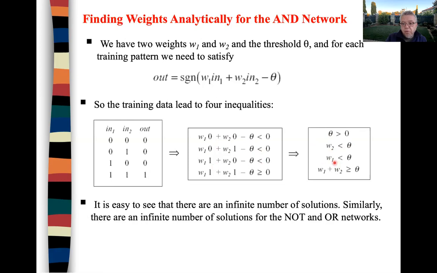This one, W1 less than theta. And this one is the sum of the weights greater or equal than theta. If we want to solve this set of inequalities, it is easy to see that there are an infinite number of solutions for this. Similarly, there are an infinite number of solutions for the NOT function and the OR function.